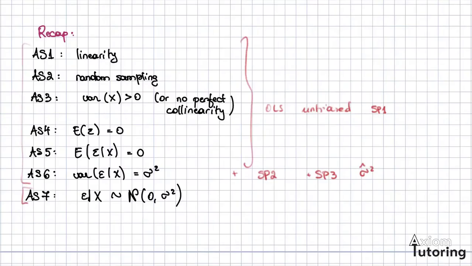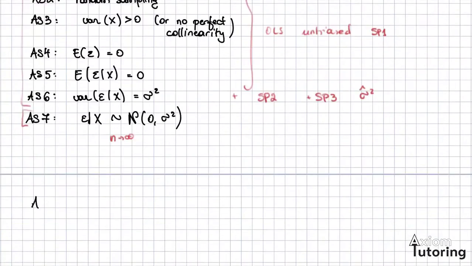Although it was unlikely to be true because it is a strong assumption, it doesn't matter because as the sample size gets big enough, we can use the central limit theorem and say that it's approximately normally distributed.